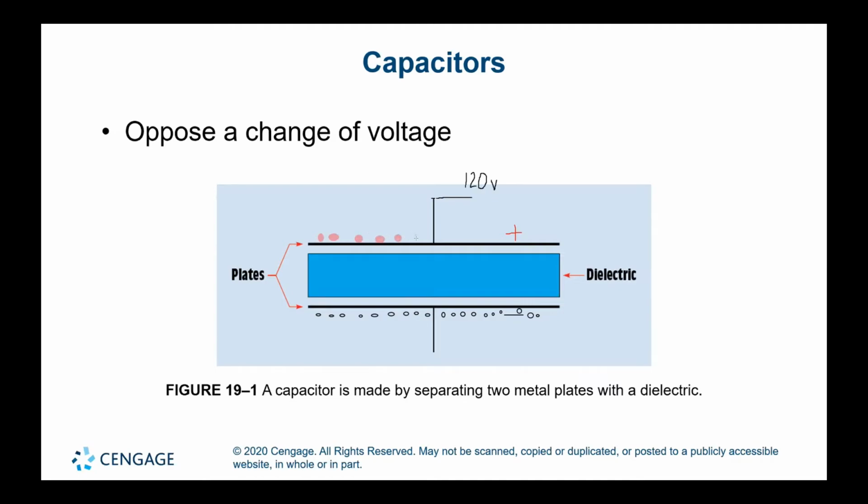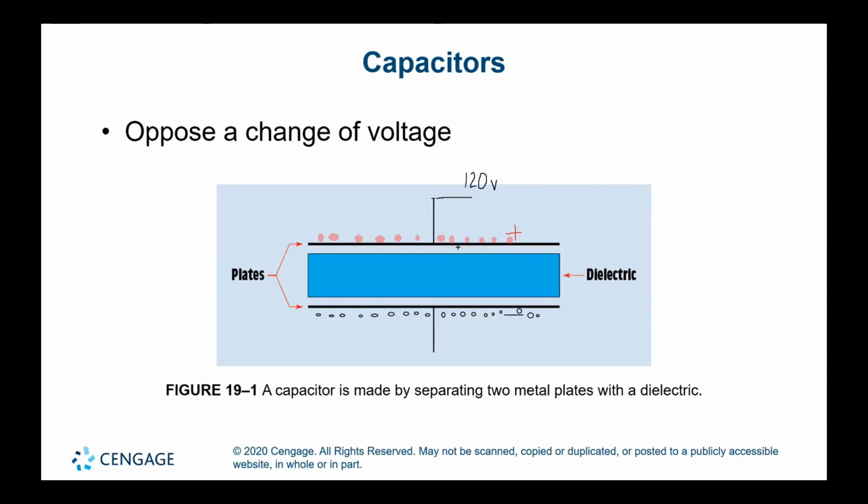And what happens? All these electrons want to move back home. They know they departed from that plate, that is their home, and they want to go back home. What is the problem?